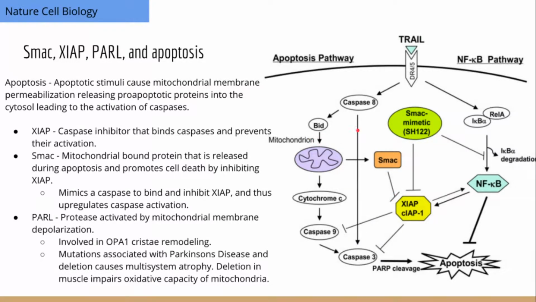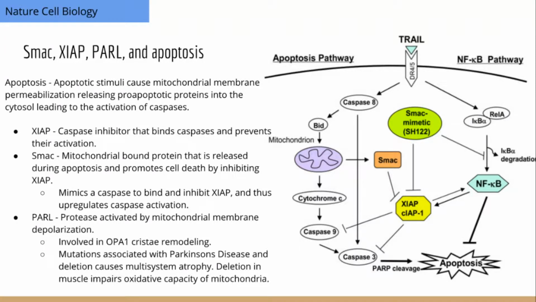So there's one more key player in this whole ordeal, and it currently doesn't fit into the apoptotic pathway in any recognizable way until this paper, and that's PARL, P-A-R-L. PARL is a mitochondrial protease that is known to be involved in remodeling mitochondrial cristae, and its mutations are associated with Parkinson's disease.